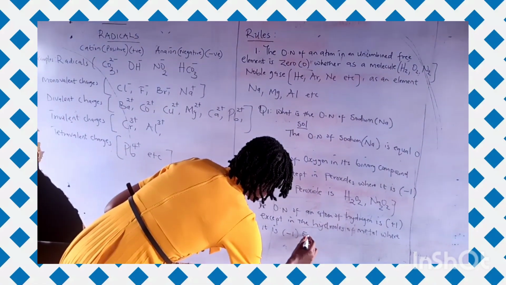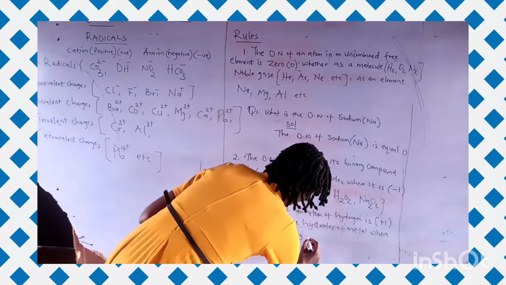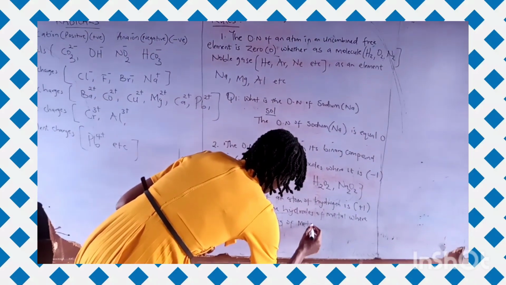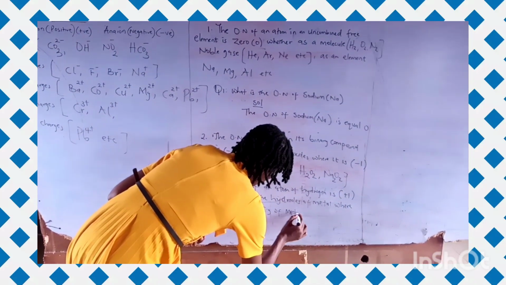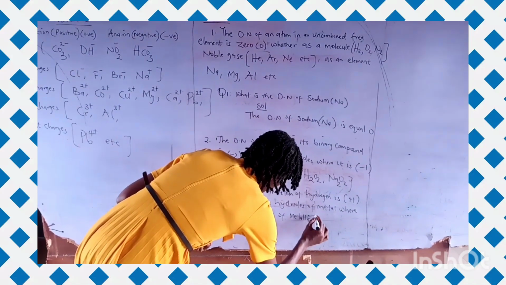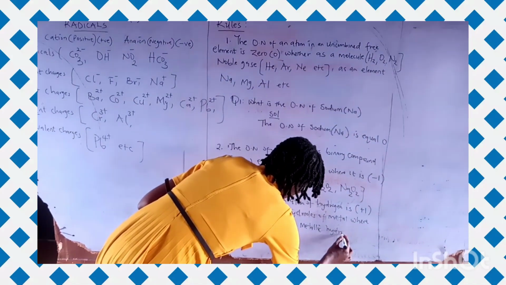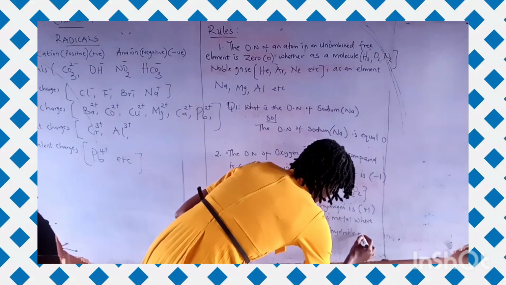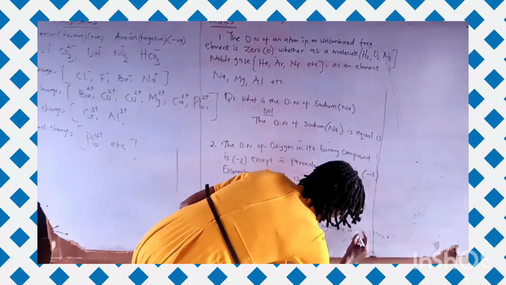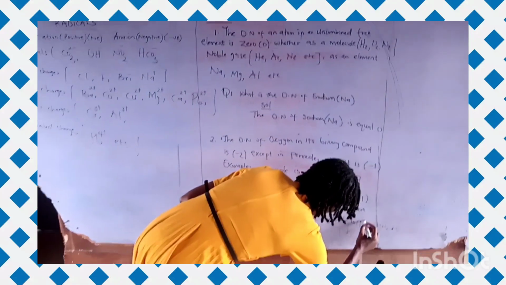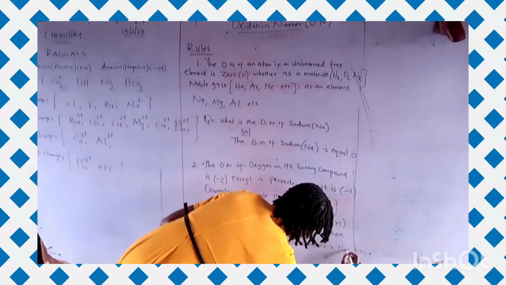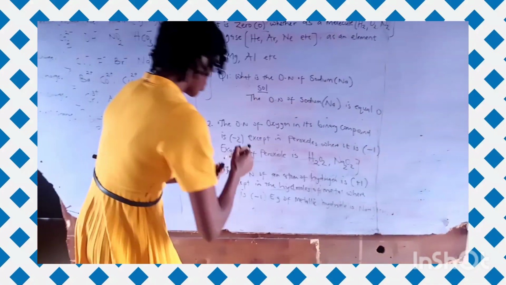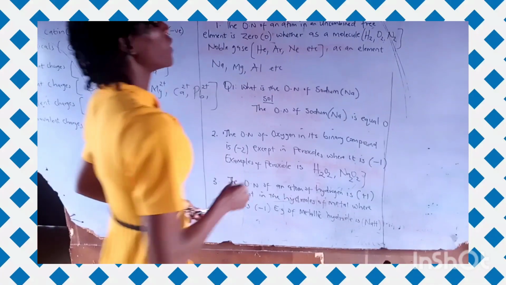An example of a metallic hydride is sodium hydride, where it is what? Minus 1. Okay, so that's rule number 3.